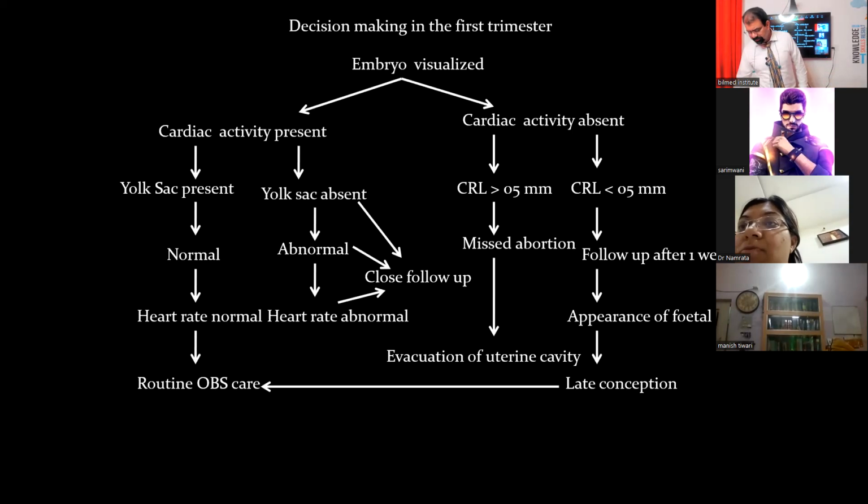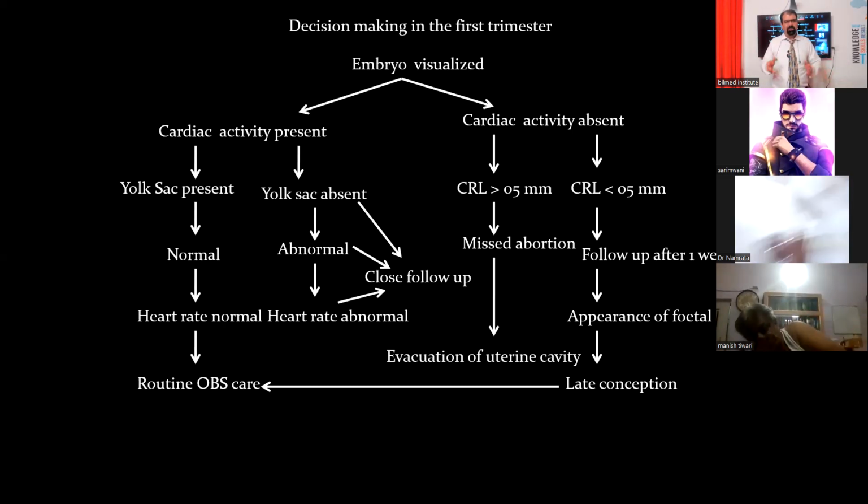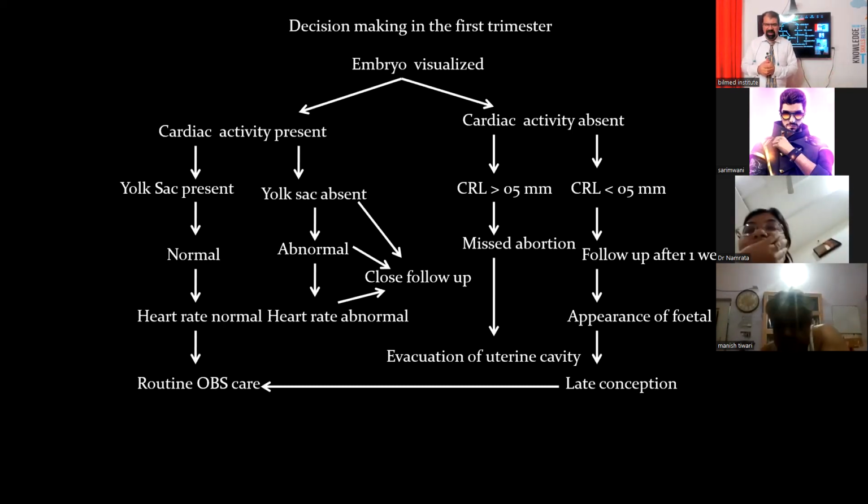You have to first see where the yolk sac is and what its status is. But before the yolk sac, you should not always jump onto the gestational sac. You have to think that maybe I am dealing with a pseudogestational sac. Pseudogestational sacs are seen in about 20 to 40% of ectopic pregnancies.